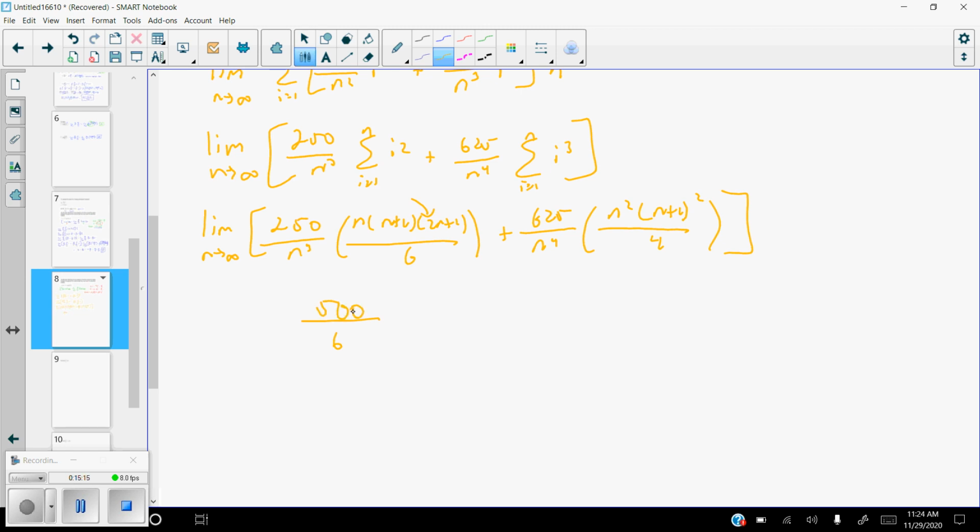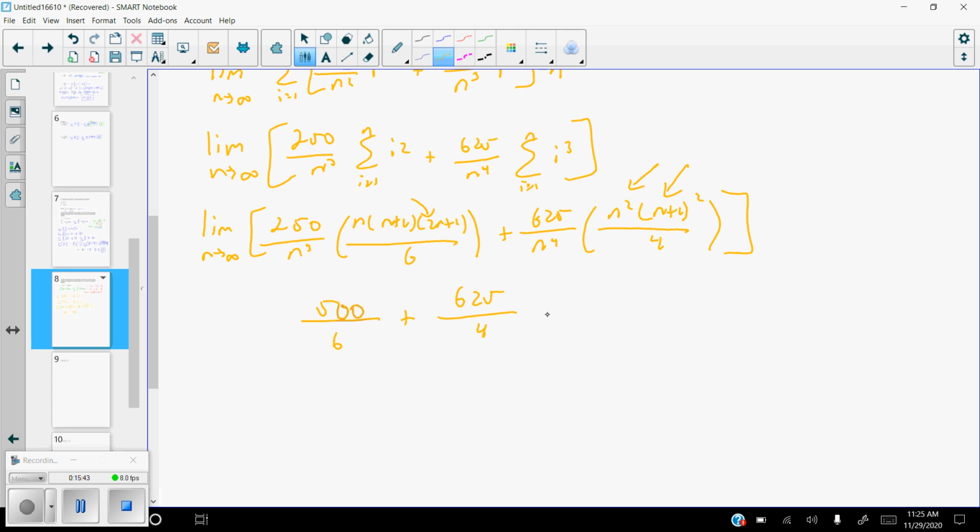So 500 over 6. And then we're going to get, let's see, the dominating term in both the numerator and the denominator is going to be n to the 4th, because if I squared this one, I would get an n squared as a leading term, times the n squared here would give me an n to the 4th, and all the leading coefficients there are 1, so it's 625 over 4.